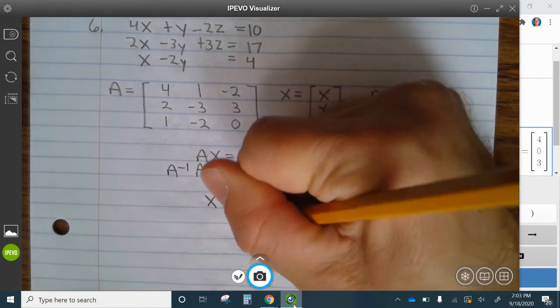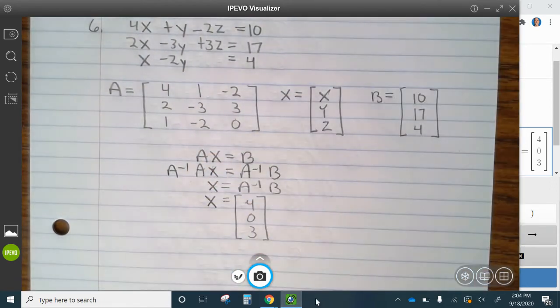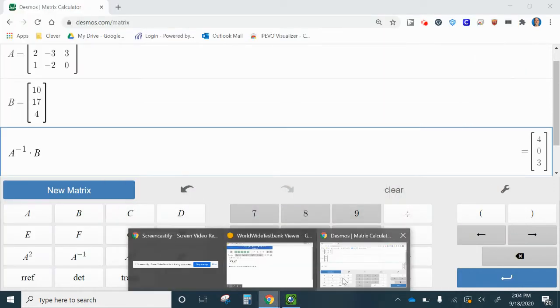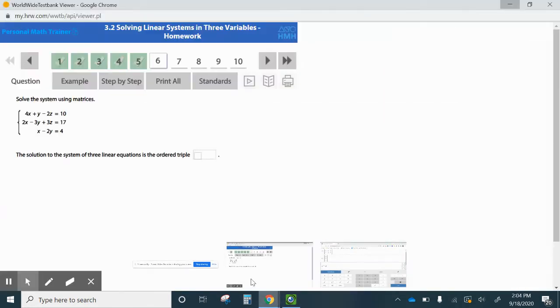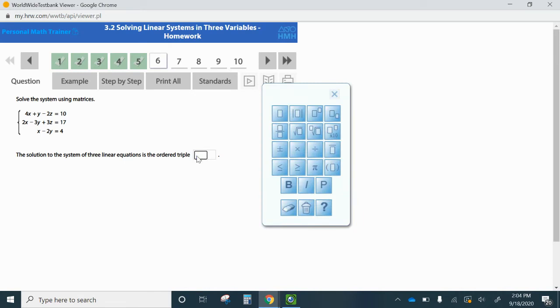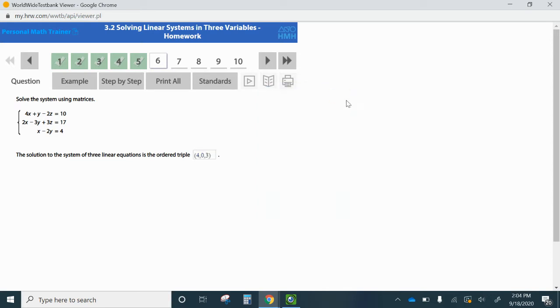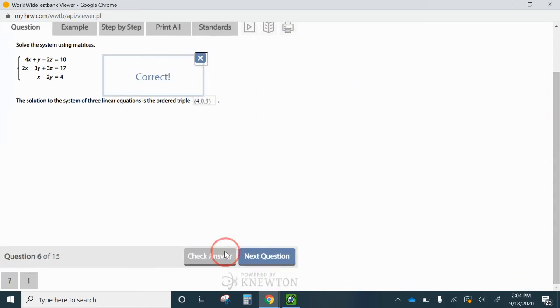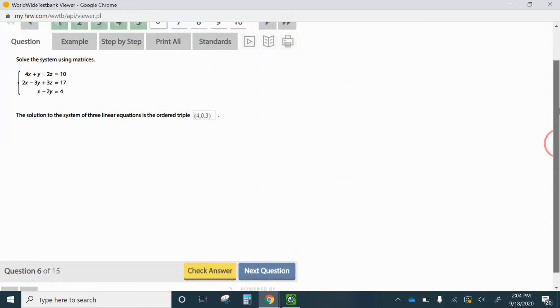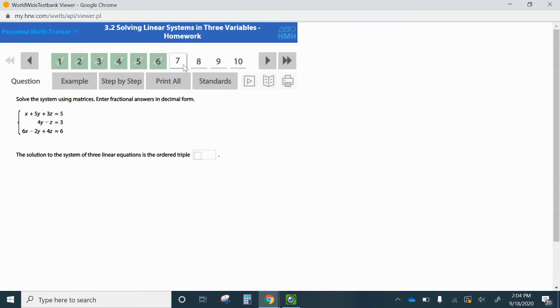All right, 7. So write this down. 1x plus 5y plus 3z equals 5. 4y minus z equals 3. 6x minus 2y plus 4z equals 6.